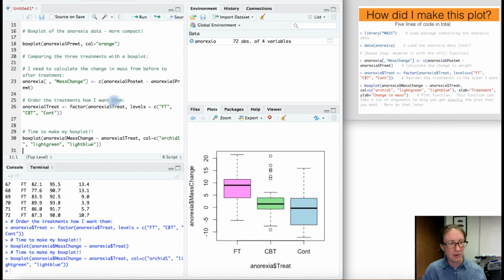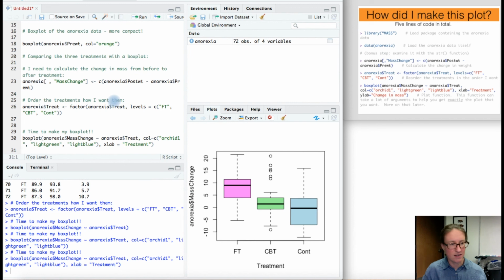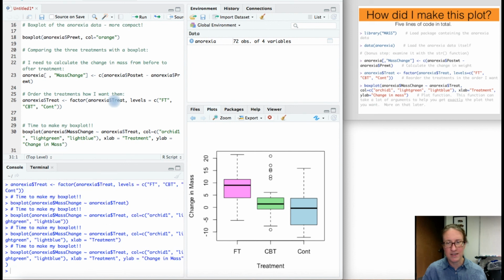Boom, I did. Now that I know I did that correctly, I'm also going to add an x-axis title of treatment. Did I do that right? I did. Okay, then I'm going to add a y-axis label. Let's see if I did that right. Boom, I did. There's my plot. And now if I save this script, I can regenerate that plot in under a second.